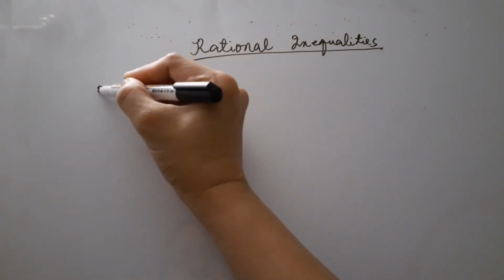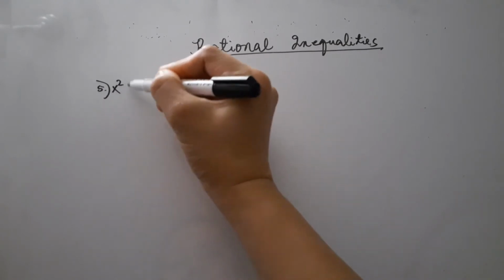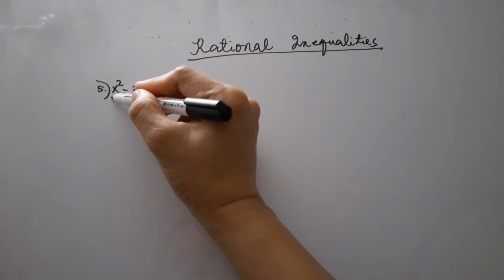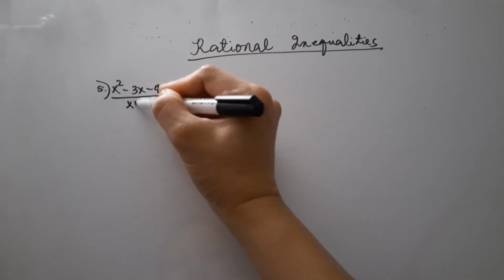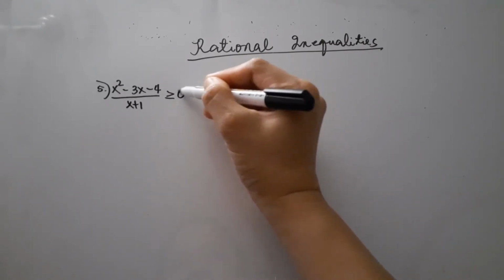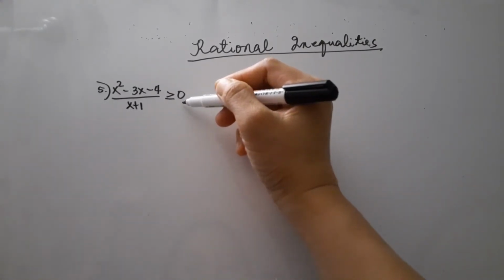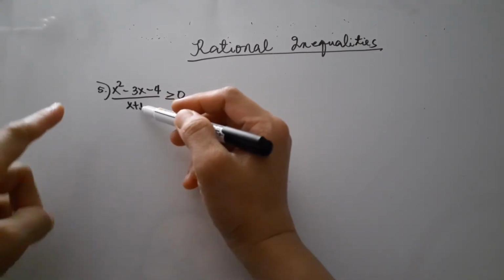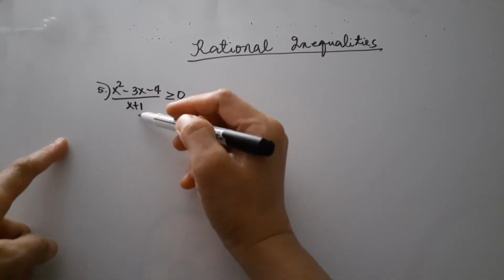Then let's go to number 5. We have x squared minus 3x minus 4 over x plus 1 greater than or equal to 0. Then we need to find the factors first from the numerator.